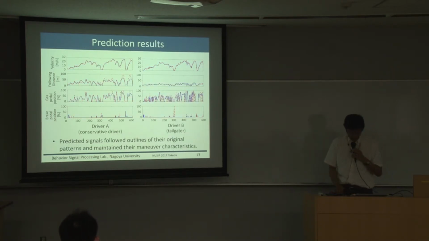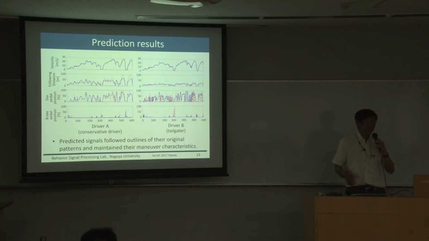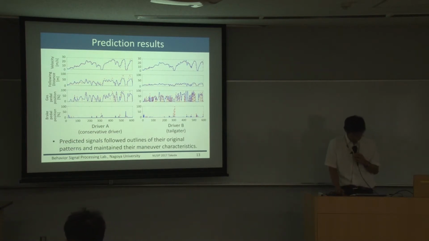So the blue line is the predicted value against the red line. So you can see that the experiment shows that statistical data distribution and its application to next sample prediction works pretty well.